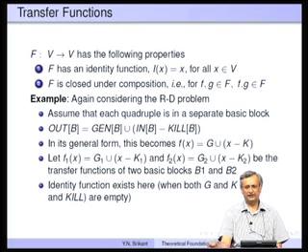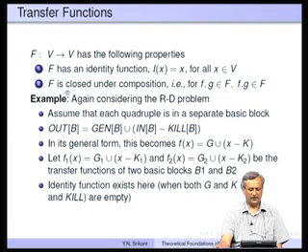The data flow analysis framework also had a transfer function set F. So, what are the properties of this set F? F has an identity function I, where I of x equals x for all x in V. It does not do anything, it takes an element and returns the same element.